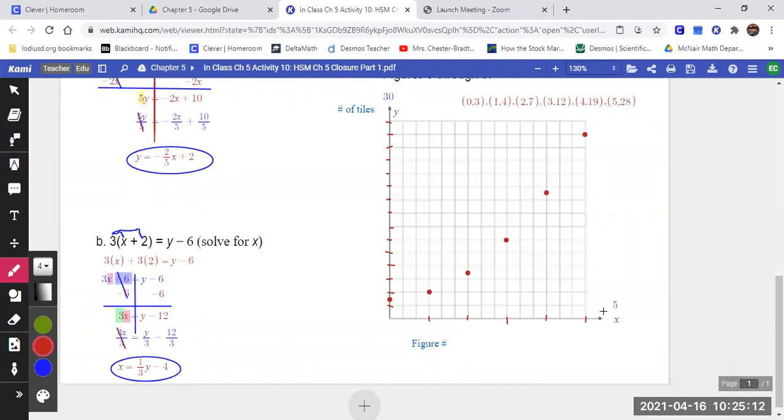We can't have the parts in between. You can't have part of a figure or part of a tile. You can't have part of a human being or part of a car. So there are times when we don't connect the dots at all because you can't have part of it. Remember, we talked about that before. Okay, so these are done.